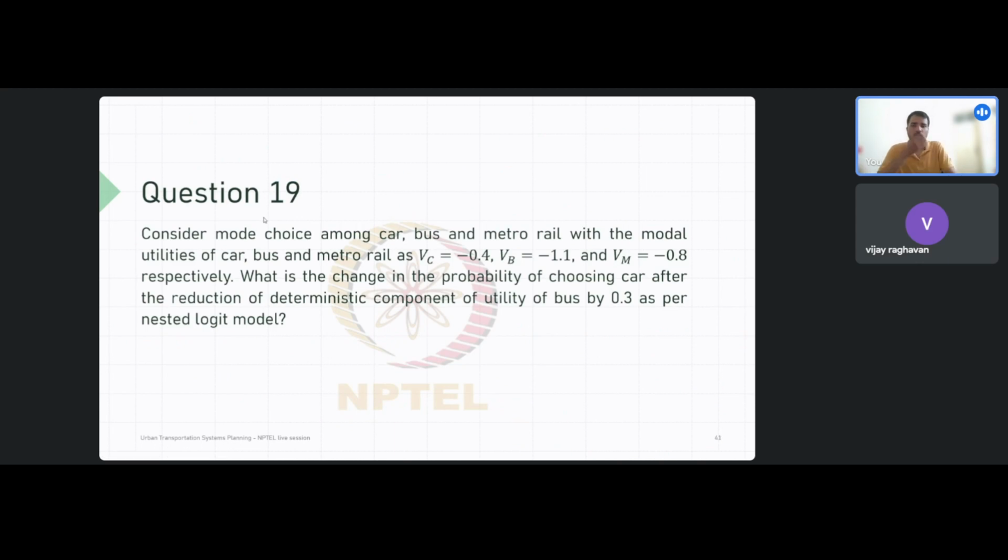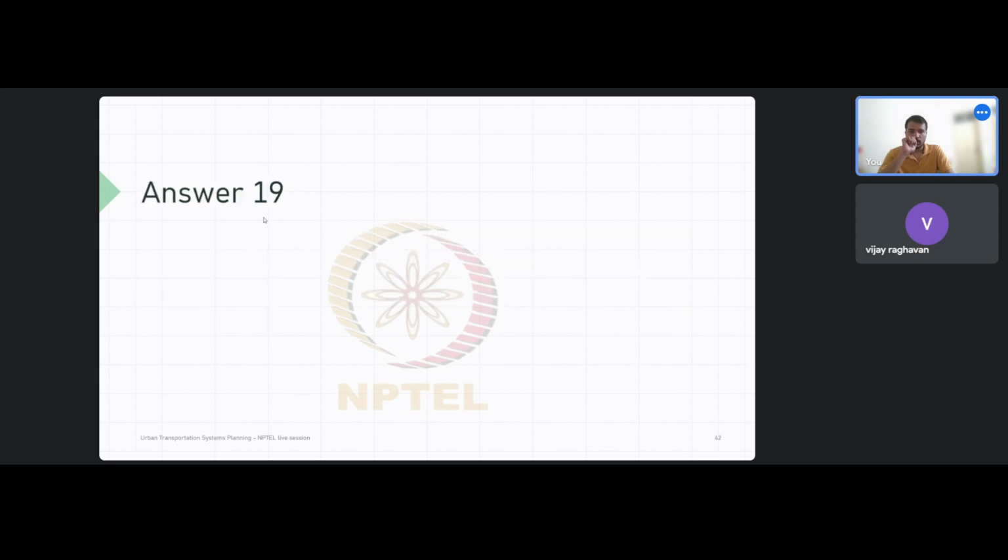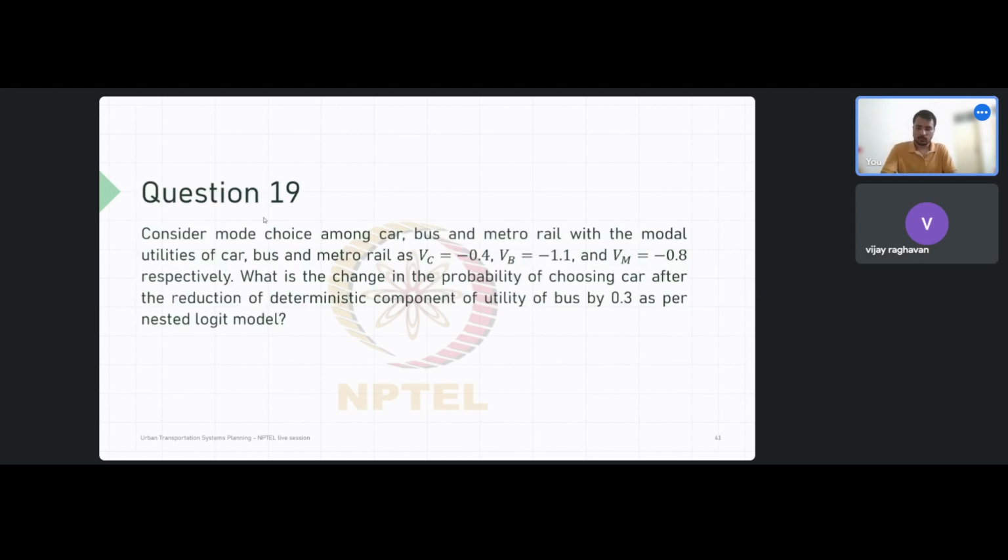Question 19. We have been given the utilities: minus 0.4 for car, minus 1.1 for bus, minus 0.8 for metro. What is the change in probability of choosing car after the reduction of the deterministic component of utility of bus by 0.3 as per the nested logit model? So I'll give 1 minute.